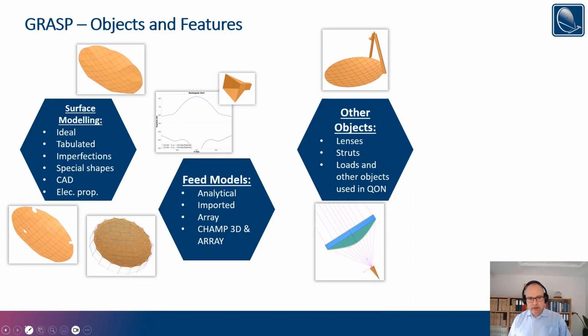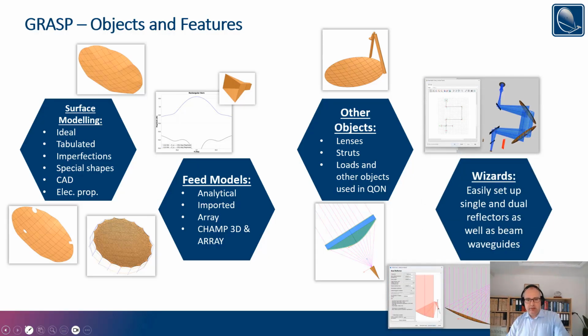We also include a number of other objects in GRASP. This is lenses, it's struts, it's objects that are used in quasi-optical networks such as loads and polarizers. And this can all be included in your analysis in GRASP. Finally, we provide you with a set of wizards that makes it very easy to set up both single and dual reflectors.